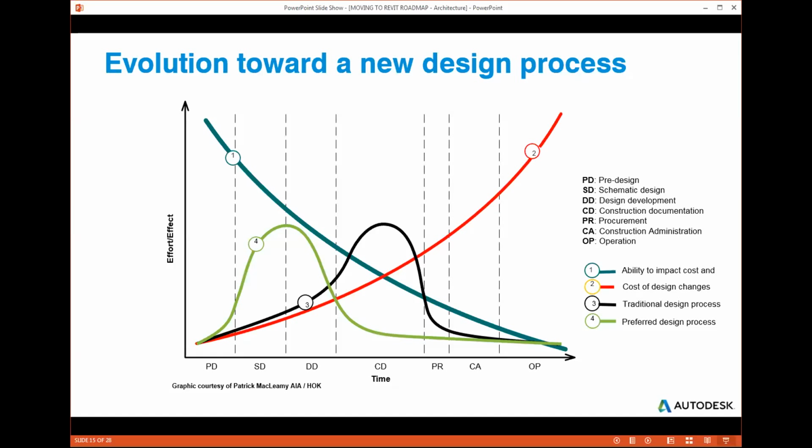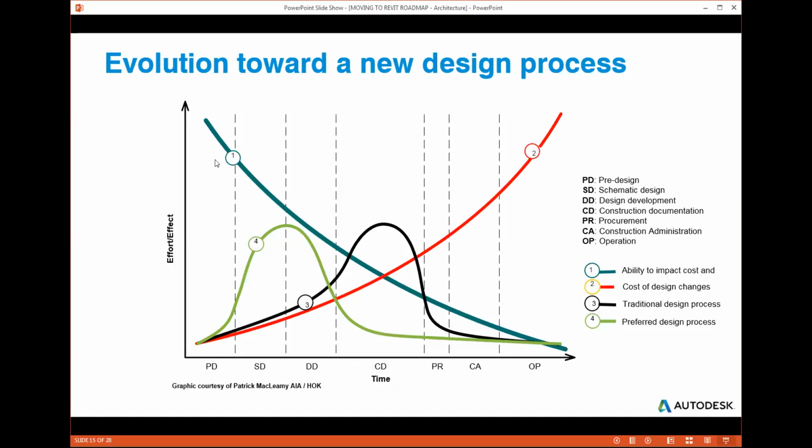Well, the dark green that you're talking about is not saying that it will be more expensive at the beginning. What it is saying is that your ability, the potential that you have, to positively impact the cost of the project, to make positive changes and positive decisions, comes in these early stages, and as the project progresses, your ability to impact it reduces.